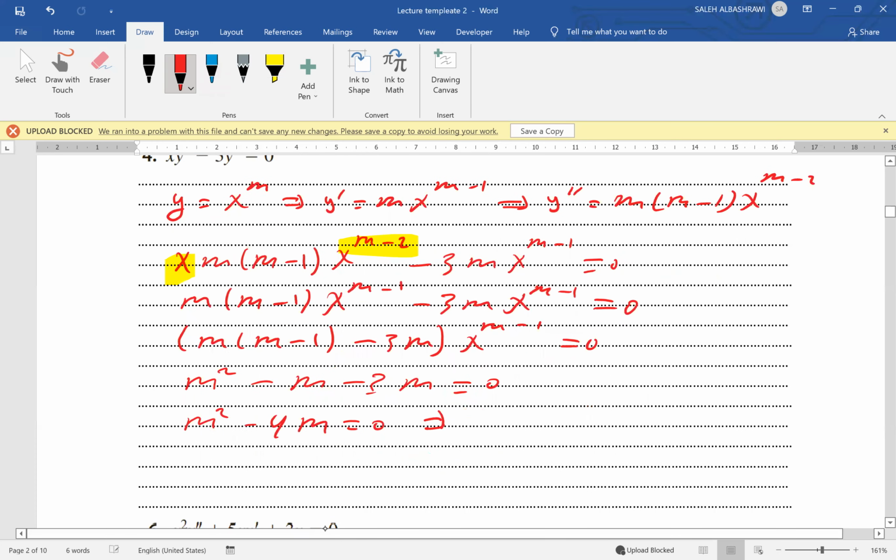We can take m as a common factor from this one. I will have m times (m minus 4) equal to 0, and this will give me two solutions, m equal to 0 or m equal to 4.